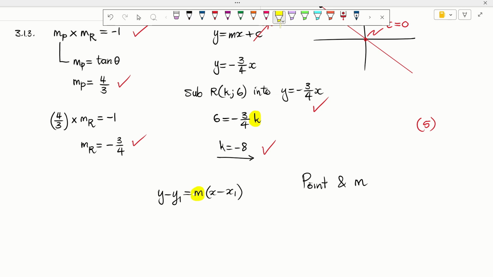Now we need a point whereby that line touches. And using this equation is fine. You can just say y minus 6, which is the point that we have there. The gradient is negative 3 over 4. And then we have x minus x1, and x1 is k, I think. Yes, and then you can solve and see what the equation becomes.